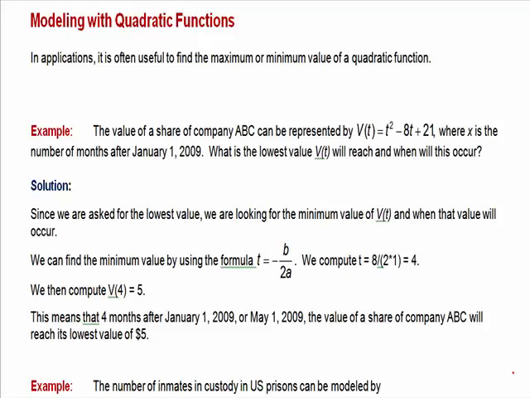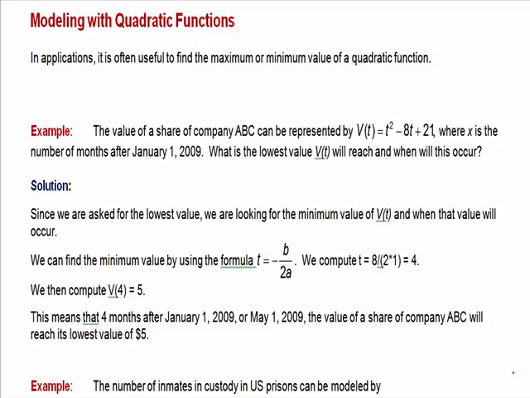Our first example. The value of a share of company ABC can be represented by V of t equals t squared minus 8t plus 21, where t is the number of months after January 1st, 2009. What is the lowest value V of t will reach, and when will it occur?